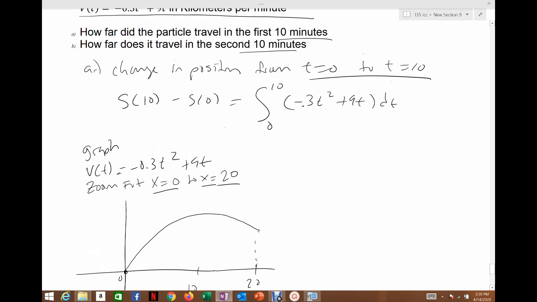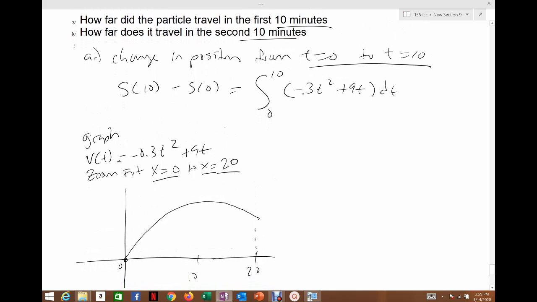The first question is asking how far did it travel in the first 10 minutes. So the first area we want to find is from 0 to 10. This is the area your calculator should shade in. You enter lower value 0, upper value 10, and that area will solve my question. When I shade it in, it comes out to a nice number, 350.